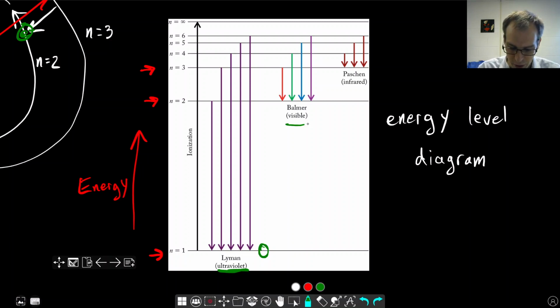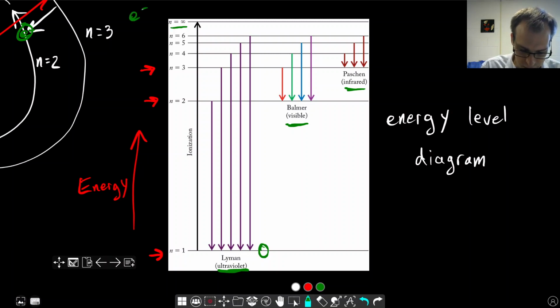The ones that are in the visible are all the ones that go down to n equals 2, and then the ones that are in the infrared are down to n equals 3, and there are additional series that we could get to n equals 4 and n equals 5 and things like that. There is a point that we call n equals infinity, which is like the maximum possible energy we can get to. Based on Bohr's model, there's some point at which the electron just leaves.